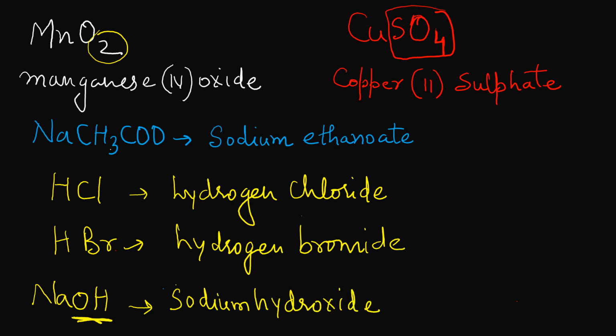If the sodium is not there, let's say we have NH4OH, we'll name it as ammonium hydroxide, right? So these are all the rules to write down the names of the ionic compounds if the formula is given, all right?